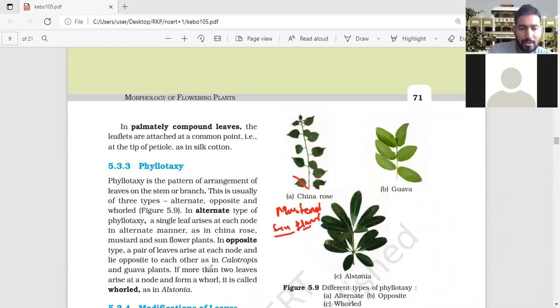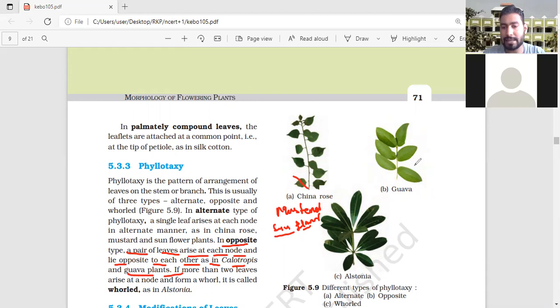Now, in opposite type, a pair of leaves arise at each node and lie opposite to each other, as in Calotropis and guava plant. I told already, Calotropis is decussate, and guava is superposed.